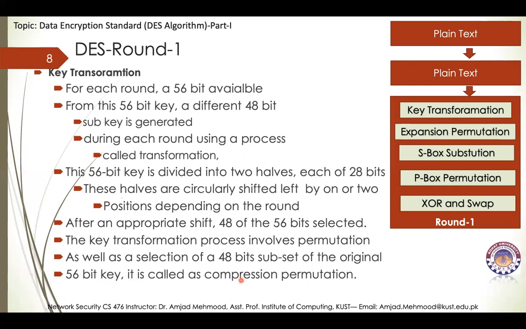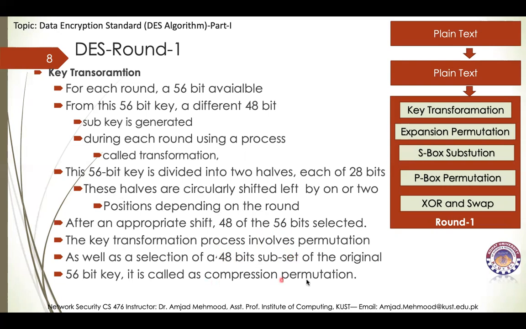As you know, in total we have 64 bits. Then 8 bits were removed for parity checking, so we were left with 56 bits. After that, when we produce the sub key for each round, we get a 48-bit key.